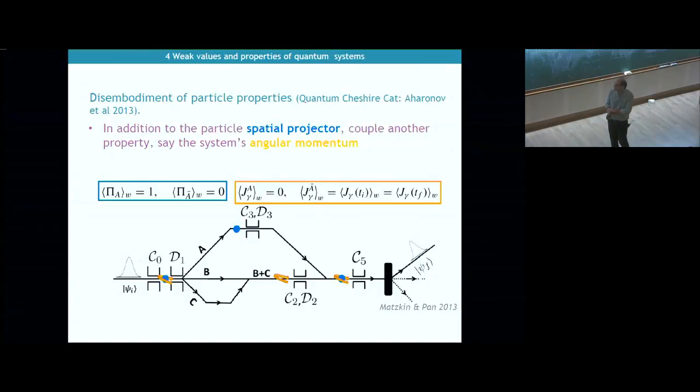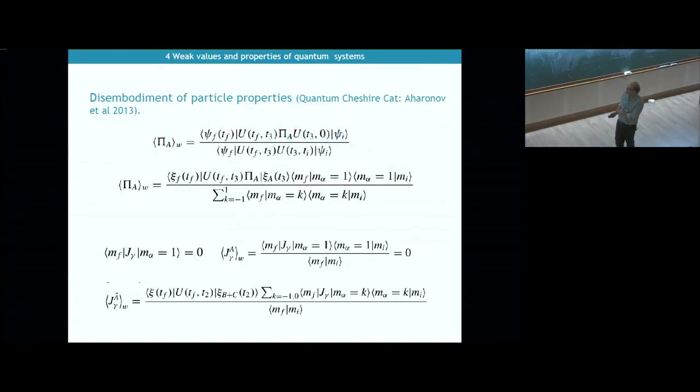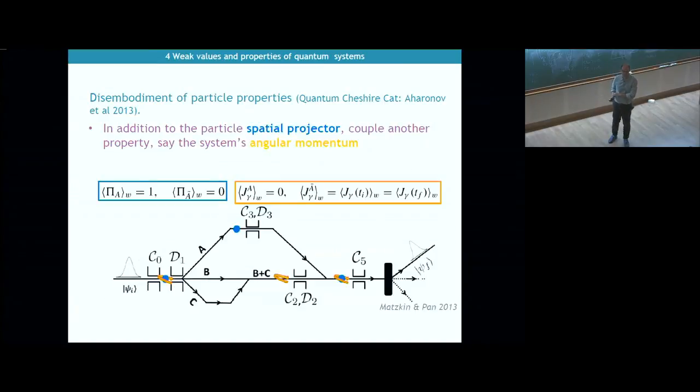So we can try to look at this in more detail, but this is basically what is called disembodiment, and Aharonov introduced this in a book about 10 years ago, 2005, I think, called the quantum Cheshire Cat, because the property is seen here, but not the spatial wave function.